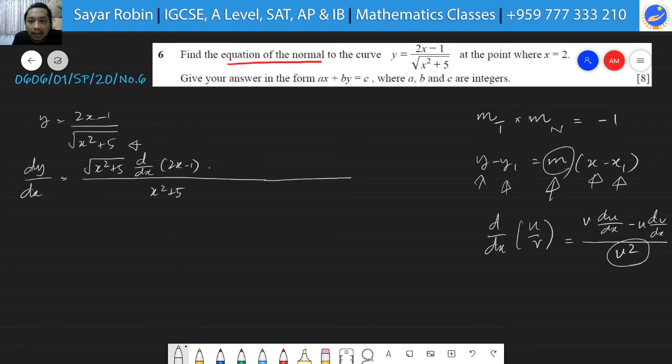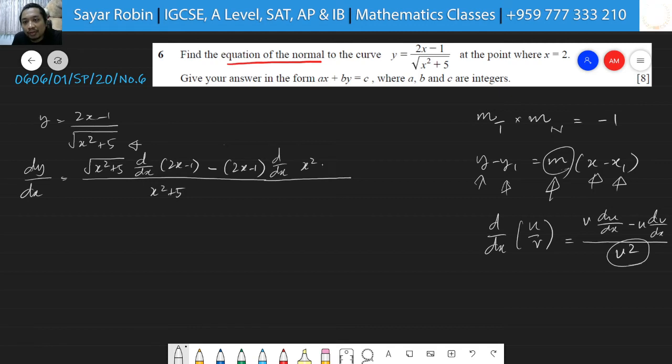Then minus, and now 2x minus 1 has to be left. Never forget to write the parentheses, otherwise you might get something wrong. Let's continue to the next steps. This one is d dx of the square root of x squared plus 5.